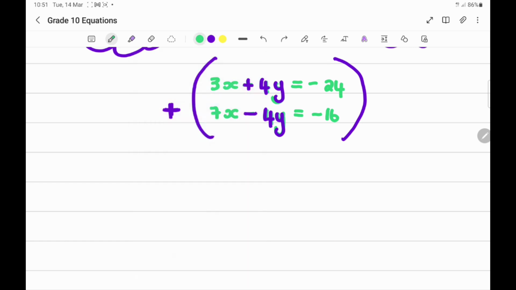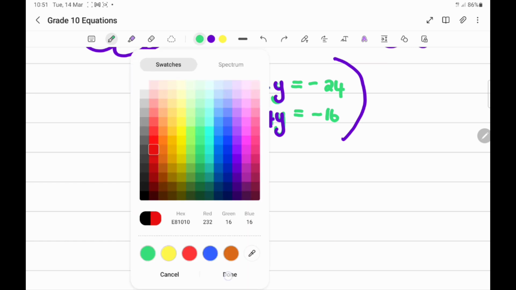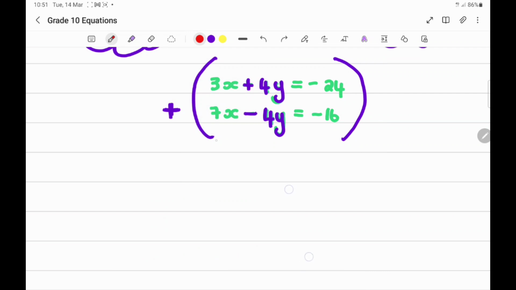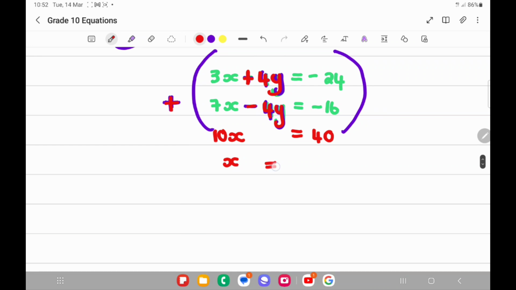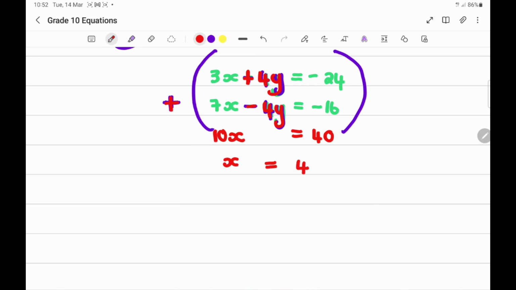Okay, so let's start. 3x plus 7x is 10x. And we said that plus 4y plus negative 4y falls away, is equal to negative 24 plus negative 16, which gives you negative 24 minus 16, which is negative 40. Divide by 10 on each side and you get x is negative 4.